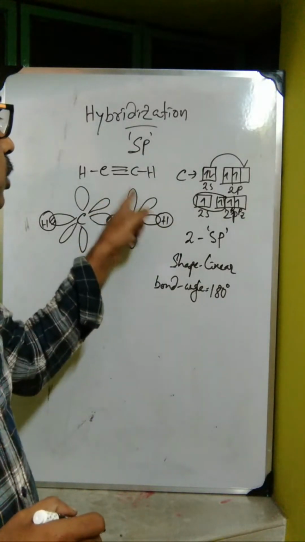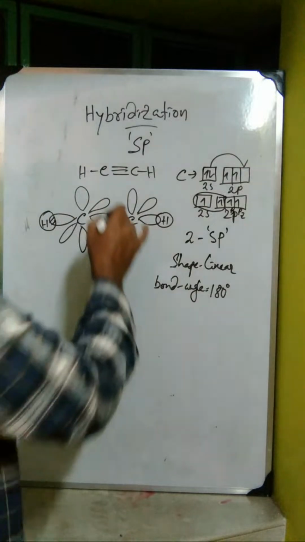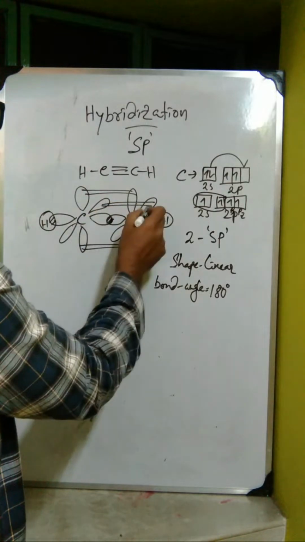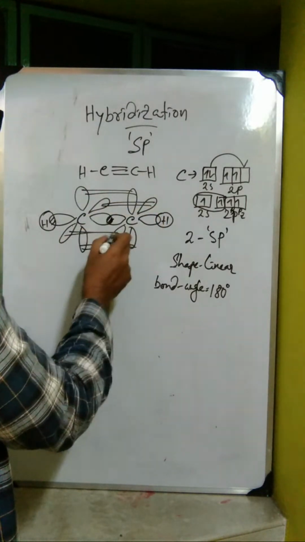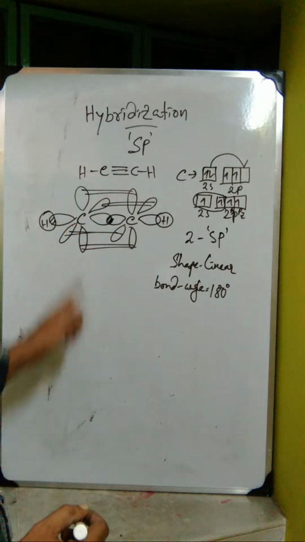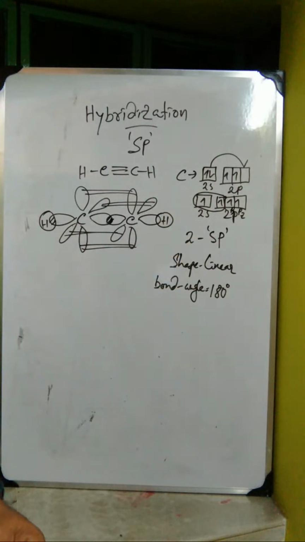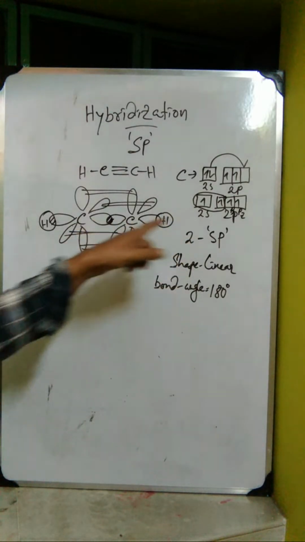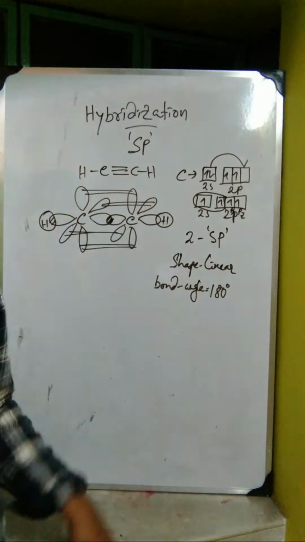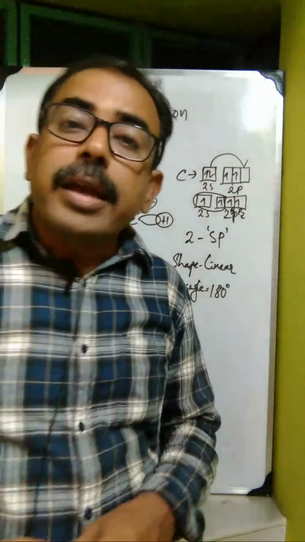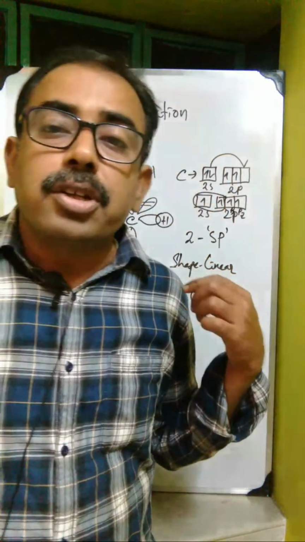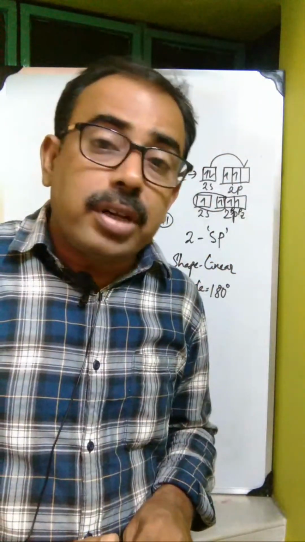Since py is parallel to the py orbital of the other carbon atom, lateral overlapping occurs, and here also lateral overlapping occurs, and that is how two pi bonds are formed. So this is how the acetylene molecule is formed. Here the state of hybridization of carbon is sp, the shape is linear, and the bond angle is 180 degrees. So we have seen sp3 hybridization, sp2 hybridization, and now sp hybridization. Now we will see how sp3d hybridization occurs.